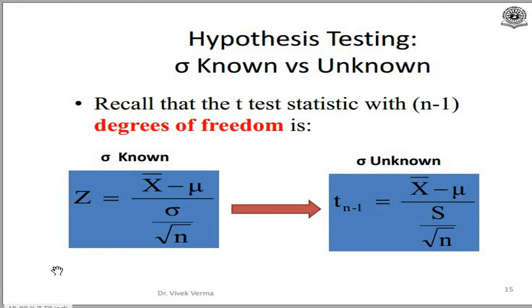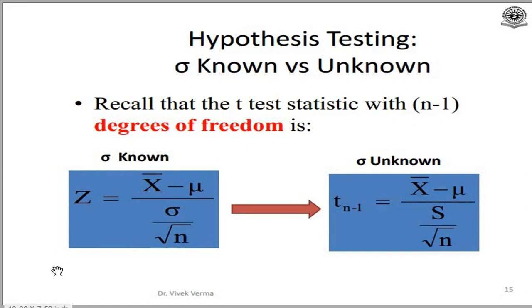Another serious issue in testing a hypothesis about the sample mean is another characteristic of the population, called the population standard deviation. If we are aware of the population standard deviation, then the Z test is available, whose formula has been depicted here.